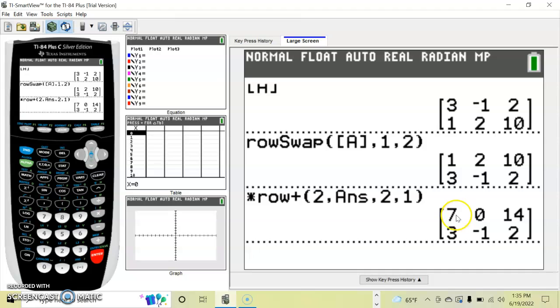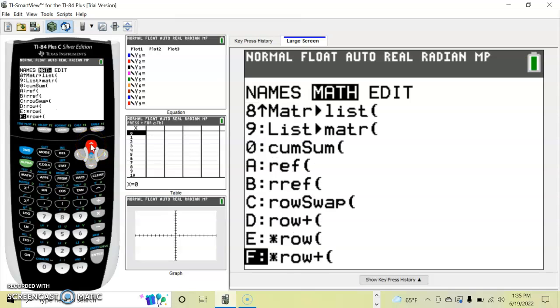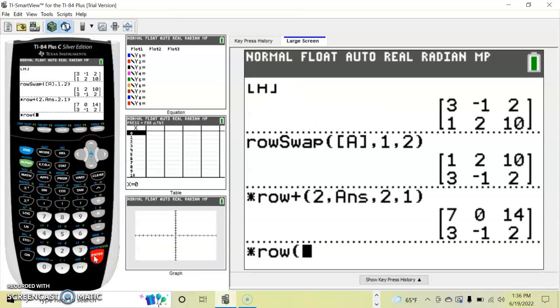So what I'm going to do is multiply row 1 by 1/7. So in order to do that, you go back to your matrix, matrix operations, and over here it's times row. So that's going to multiply a row by a constant.